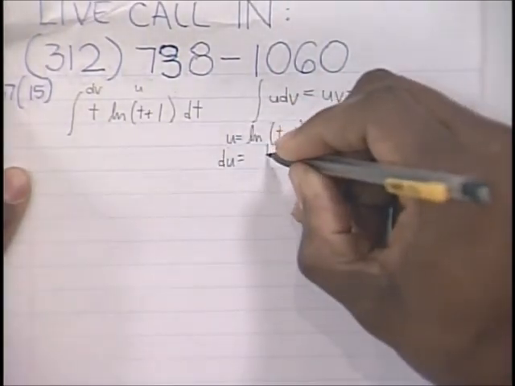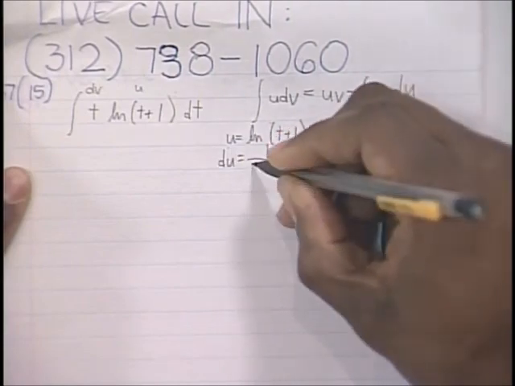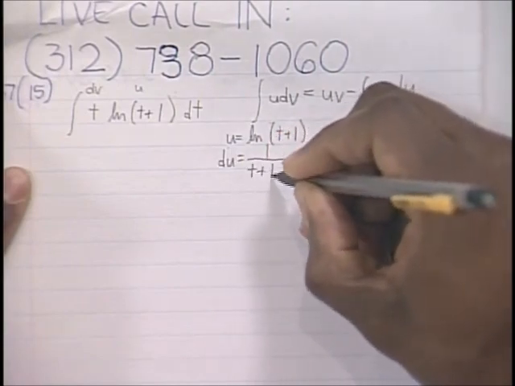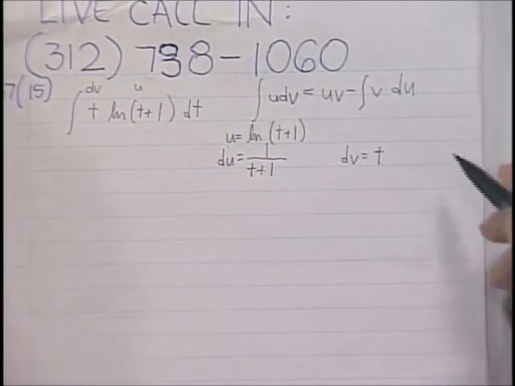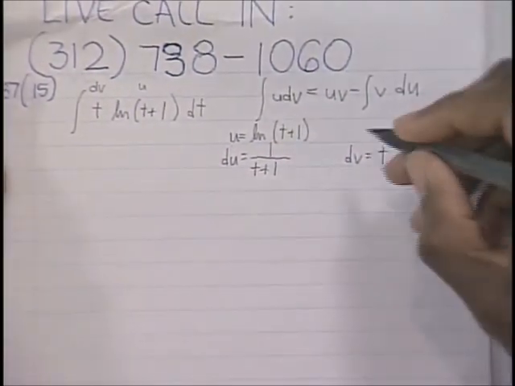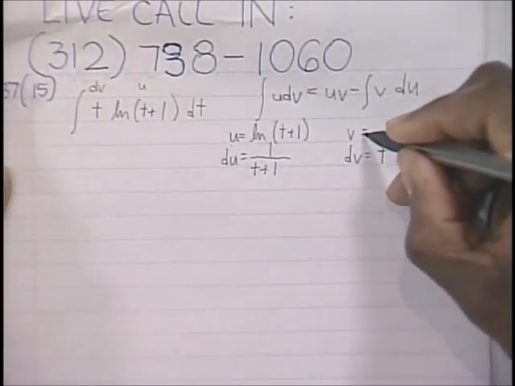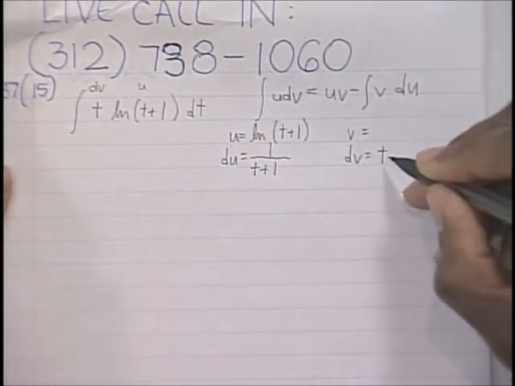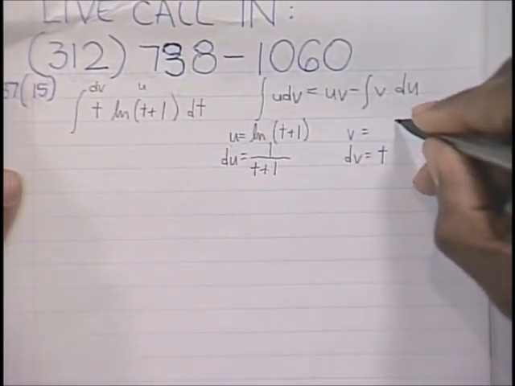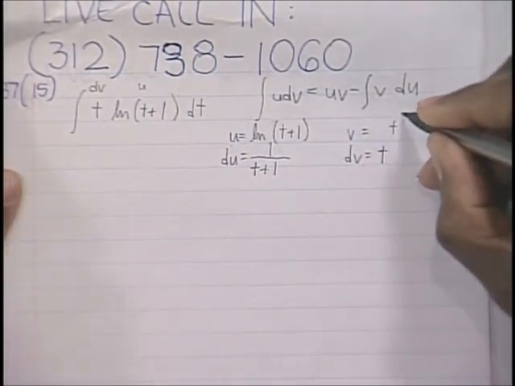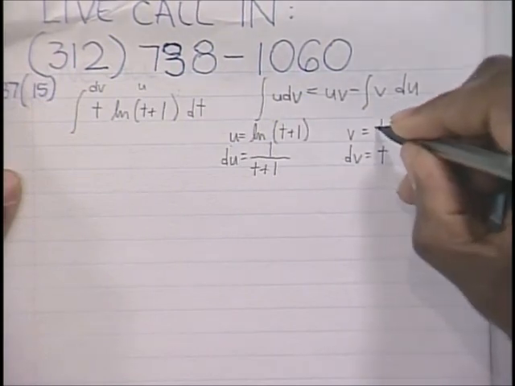It's 1 over t plus 1 times the derivative of t, which is just 1. And then to get v, you'd have to take the antiderivative of t, which is t to the second times half.